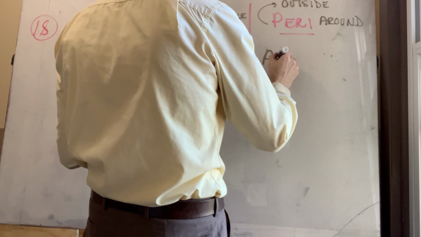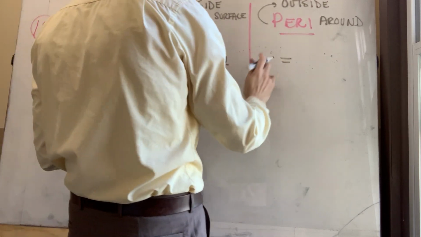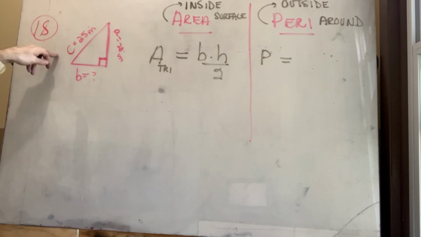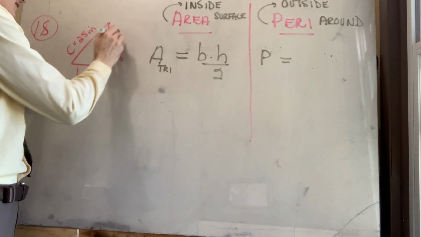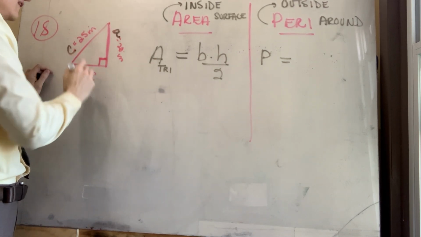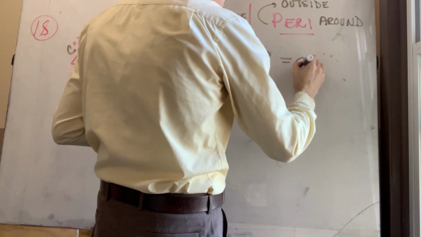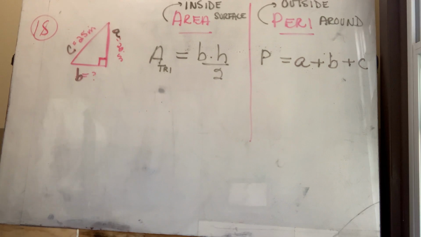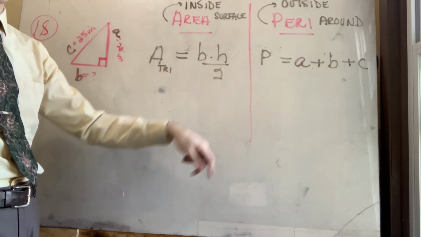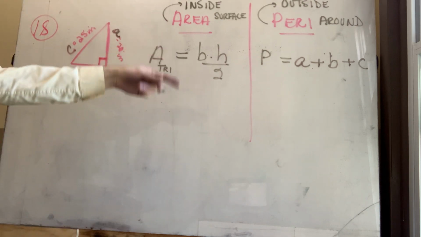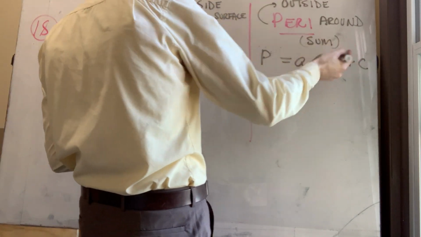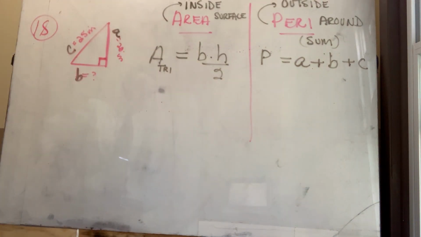A formula for perimeter, using the letters that happen to be here, A, B, and C, would be A plus B plus C. You could label them anything you want, and this is probably less common that you would be asked a question like this, but that is correct. It is the sum of all of these things, the sides.